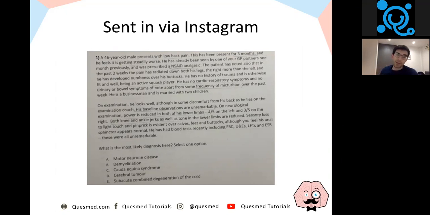And then finally, subacute combined degeneration of the cord is less likely because you would sometimes expect mixed upper motor neuron and lower motor neuron signs, with maybe reduced power and also some positive, brisk ankle jerks, for example. Also there's not really much to suggest B12 deficiency or anything like that.